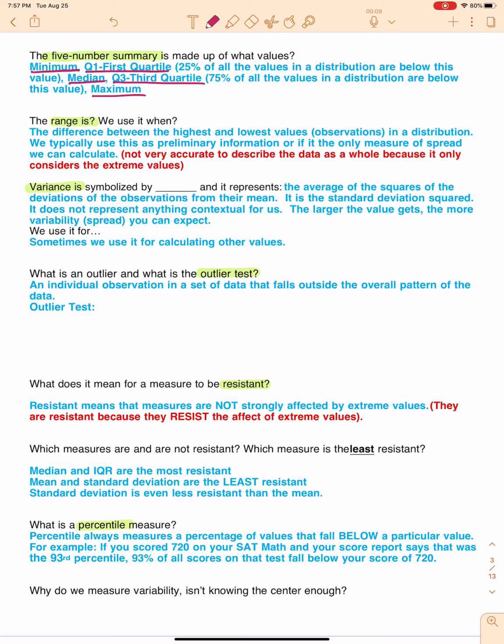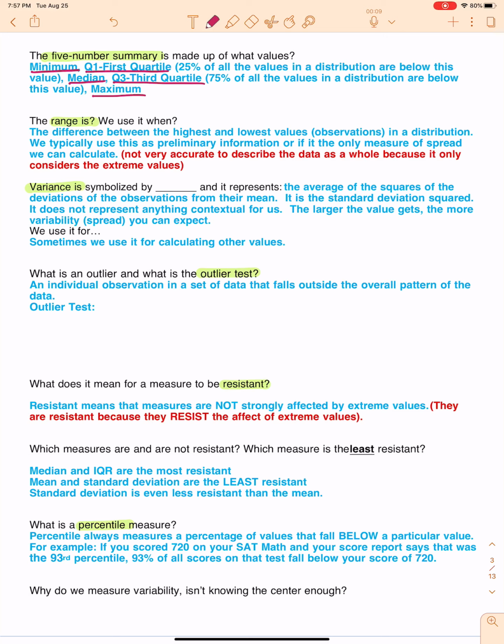So the only time you're really going to use the range as your measure of spread is when you just have the picture or the distribution of the data. So again, when we can calculate standard deviation or IQR, we prefer that over this very basic measure of spread.